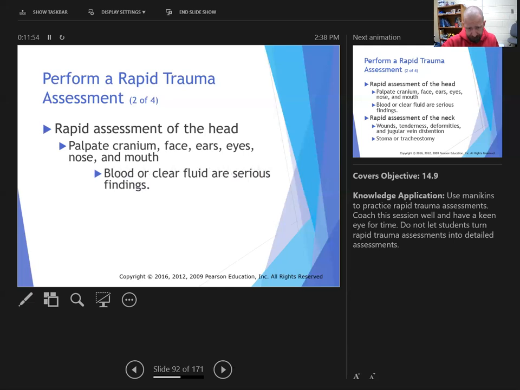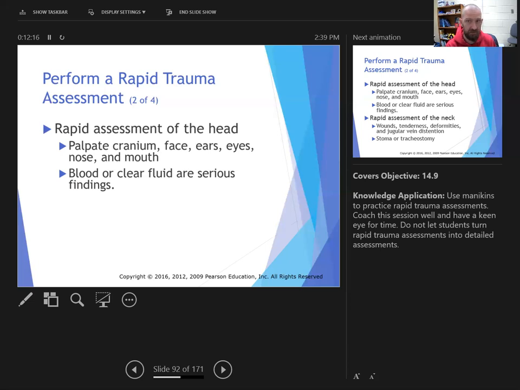The ears, we're going to look for blood coming out of the ears, or a clear fluid that we've talked about called cerebrospinal fluid. It's a fluid that surrounds and bathes the brain and spinal cord. If we have this clear fluid leaking out of the ears, it means we have a skull fracture.